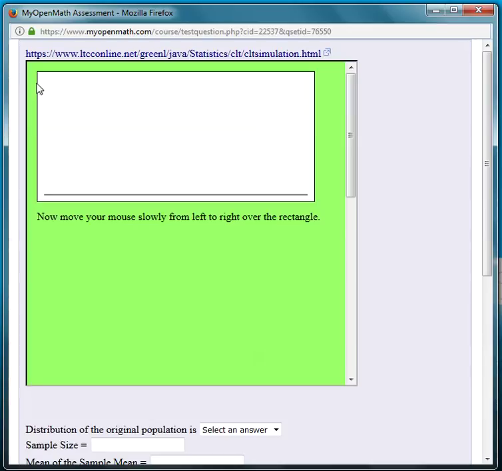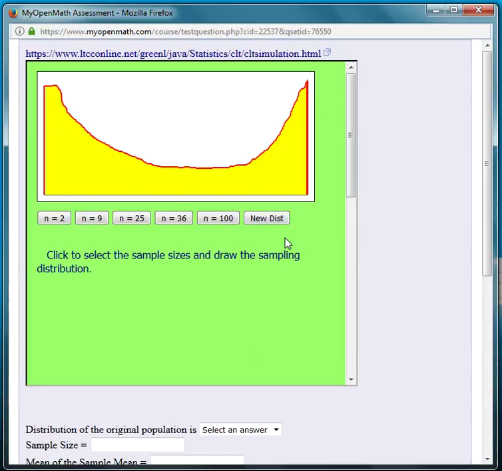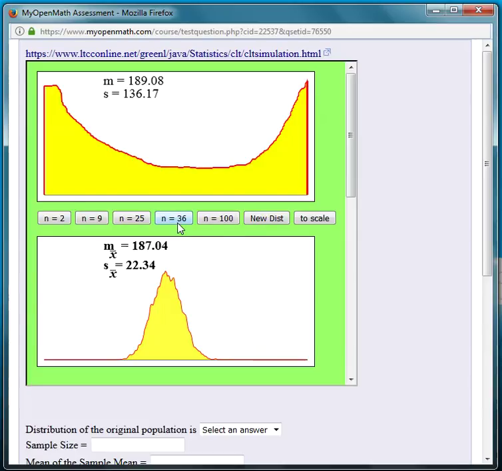I'm going to start from the left-hand side of my white box, and then choose a different sample size, and you can explore the distribution of your sample mean.